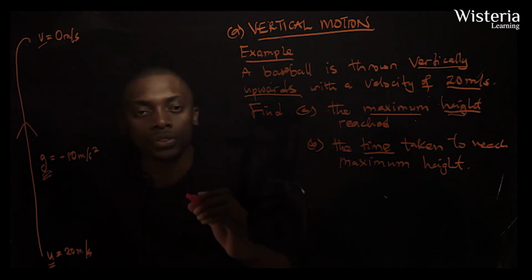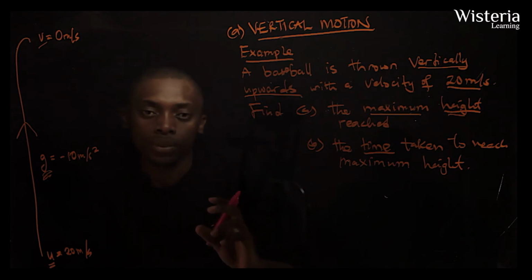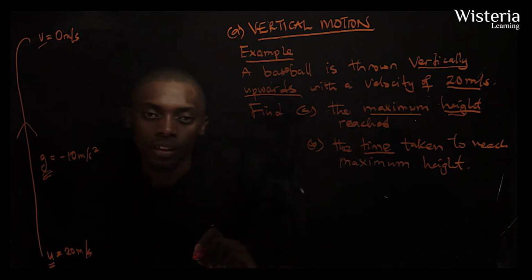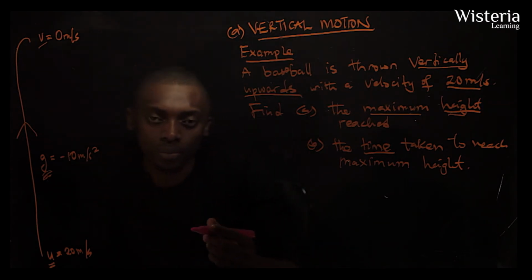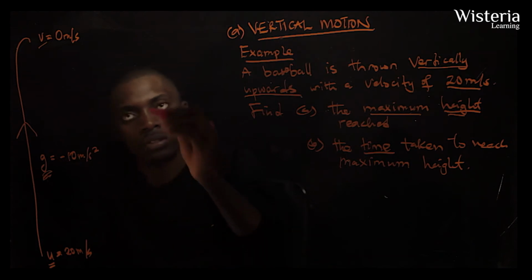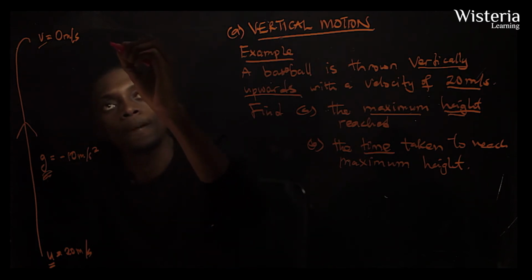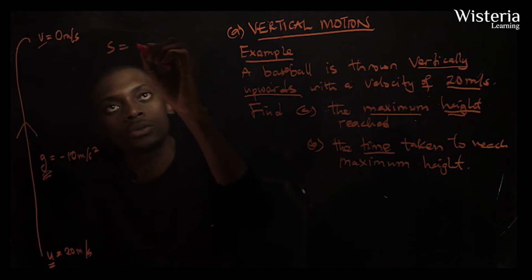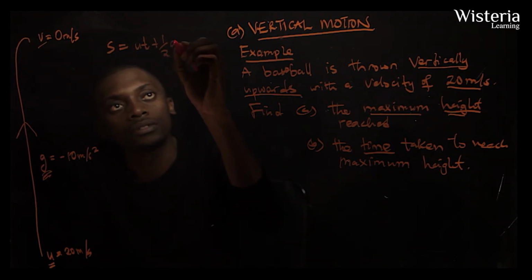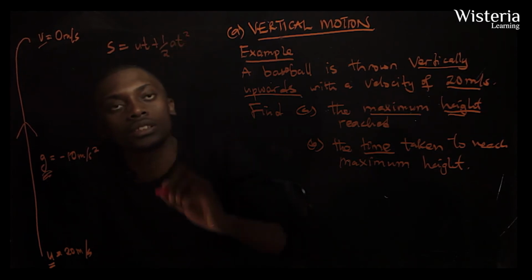So if we go through one of the important equations that make up those linear motion equations, it is where we said that S equals ut plus half at squared.